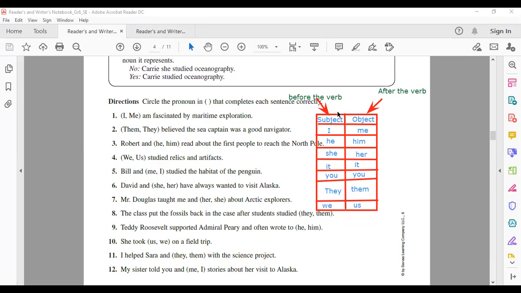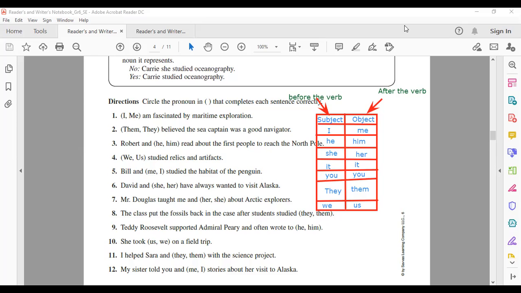Circle the pronoun in the brackets that completes each sentence correctly. I, me, am fascinated by the declaration. I am fascinated.